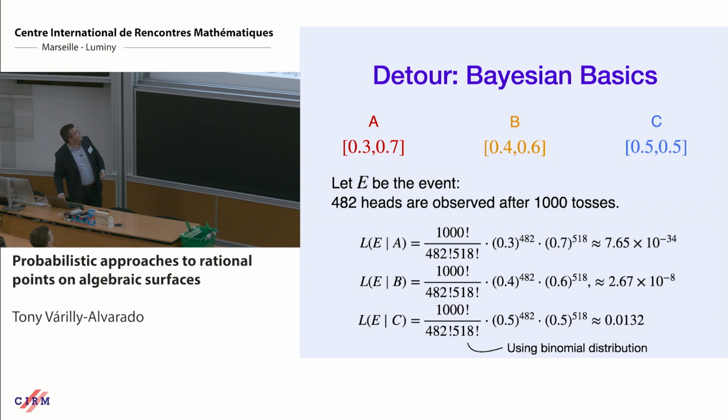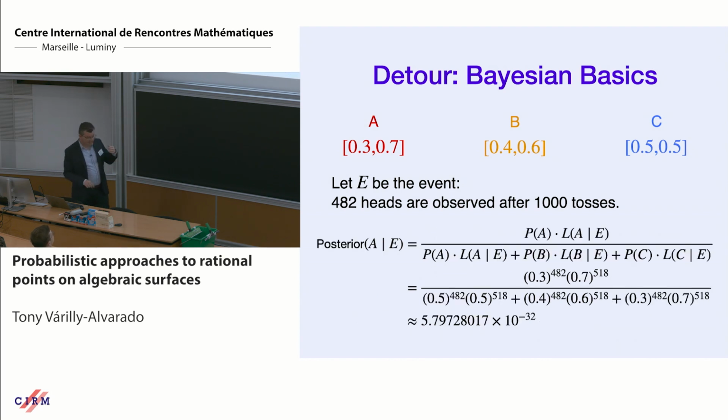And so we can compute what's called a posterior probability that takes that information into account. This is one of these basic Bayesian rules. So given the observations E that I have, what is the probability that it should be scenario A that's going on?